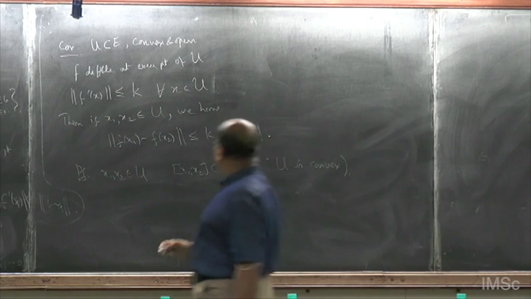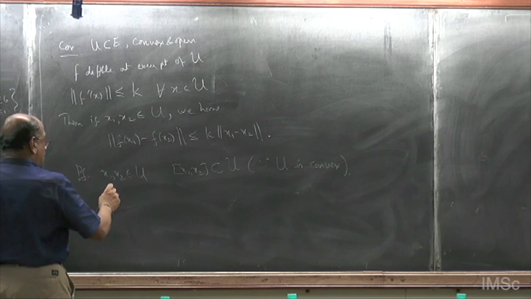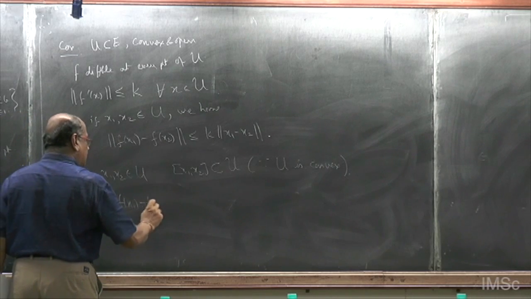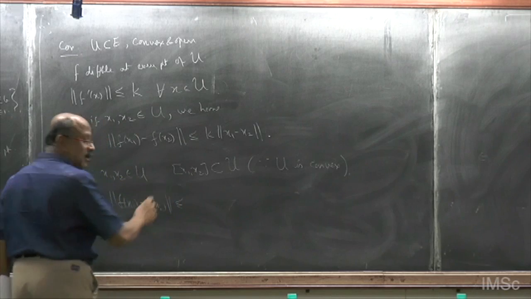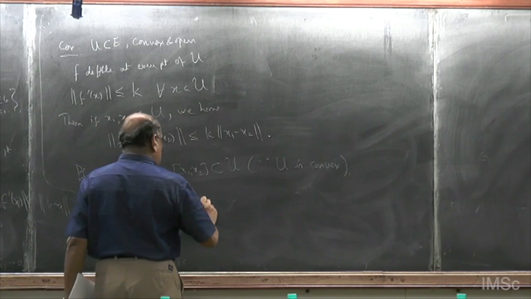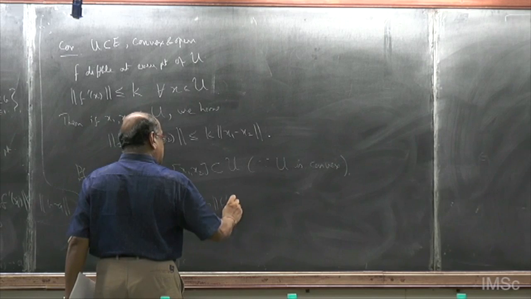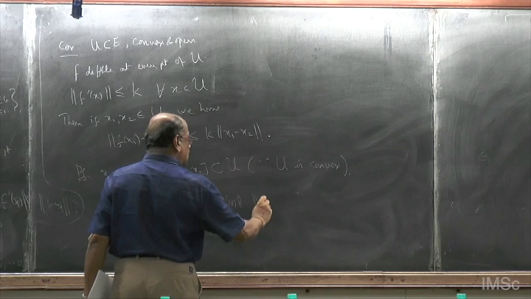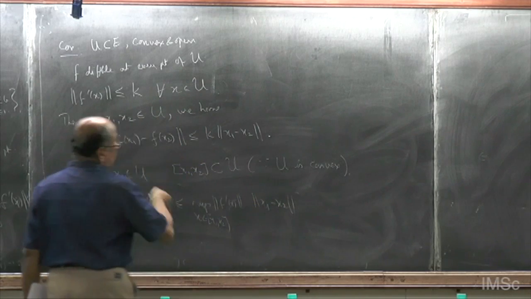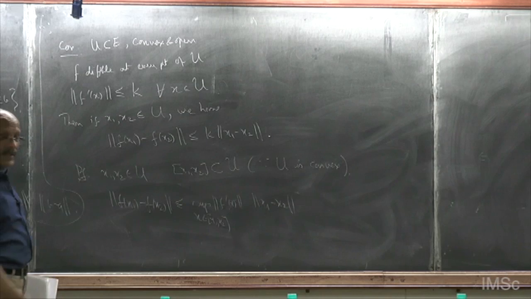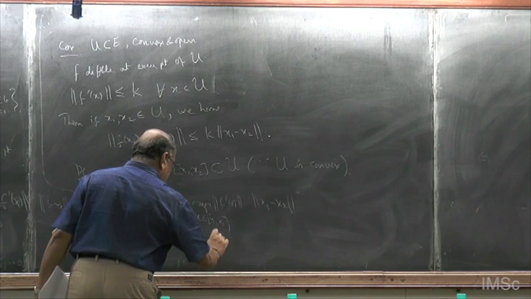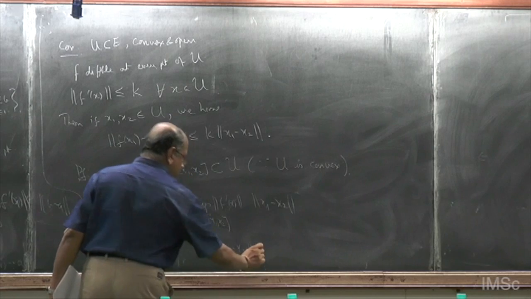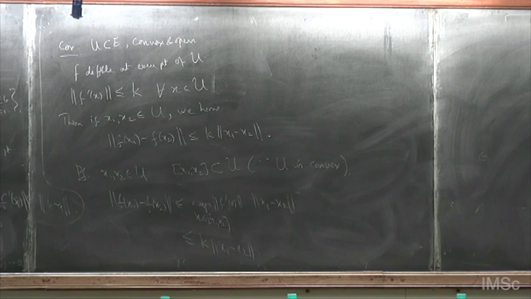Therefore, by the mean value theorem, the norm of f(x1) - f(x2) is less than or equal to the sup of norm f'(x), x in [x1, x2], times the norm of x1 - x2. But on the whole set itself I know that the norm of f' is less than or equal to k, and therefore that is k times the norm of x1 - x2. This is exactly like the sin x, sin square x example I gave you.